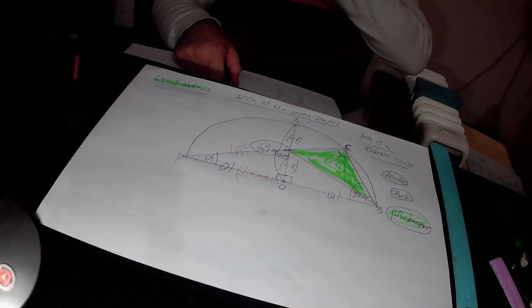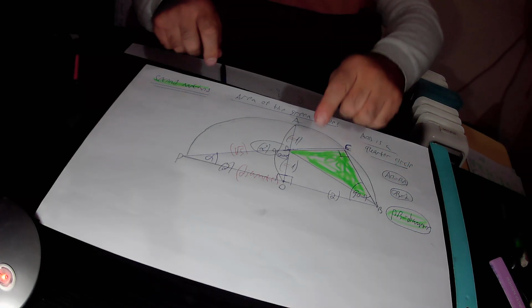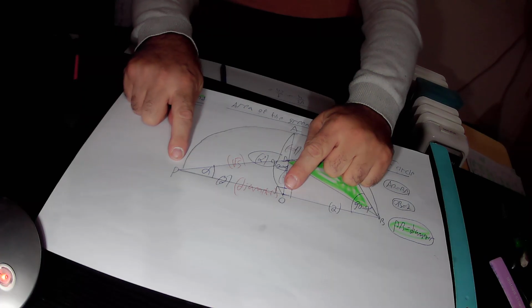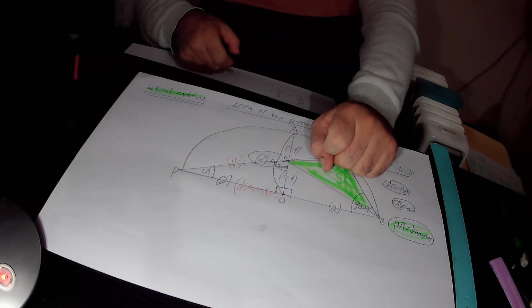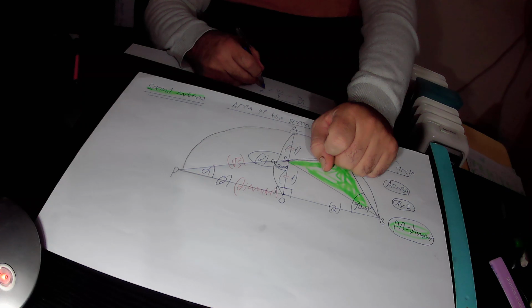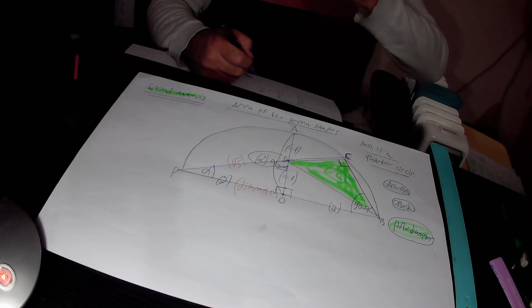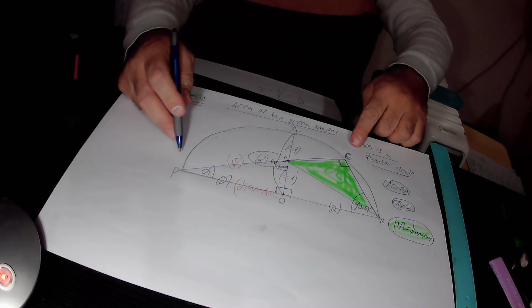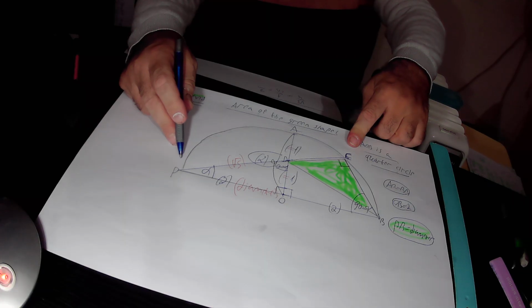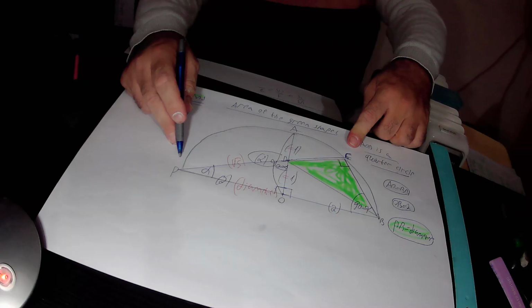And it is also equal to PO, PO is 2, over PC. PC in total equals the square root of 5 plus DC.